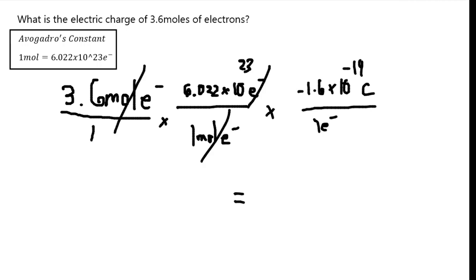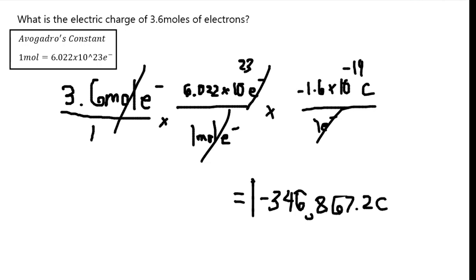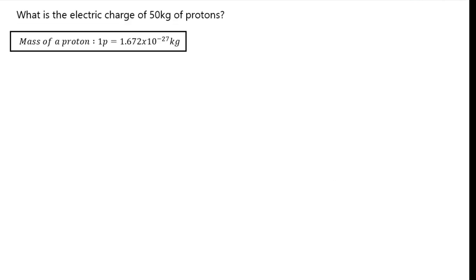So there you have it. We can cancel the moles, we can cancel the electrons, and we will get the coulombs, which is our electric charge. So there is negative 346,867.2 coulombs. It is composed of many electrons, that's why it is negative.